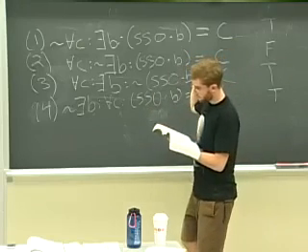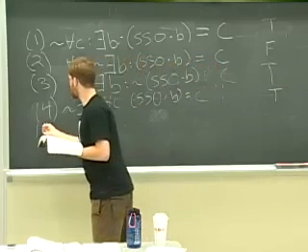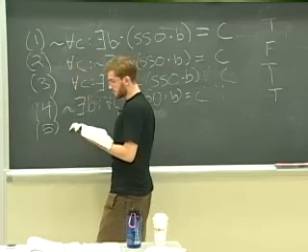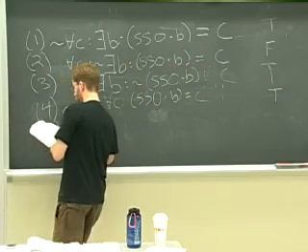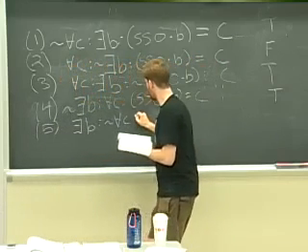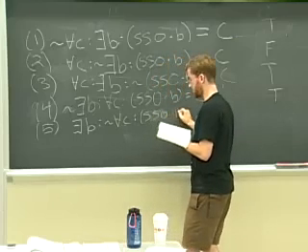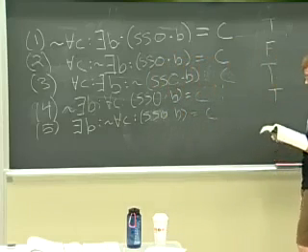So 2 more to go, I believe, right? So anyone who is not any of the other 4 people who have gone, riddle me this, Batman. B such that not for all C there exists SS0 times B equals C. Okay.